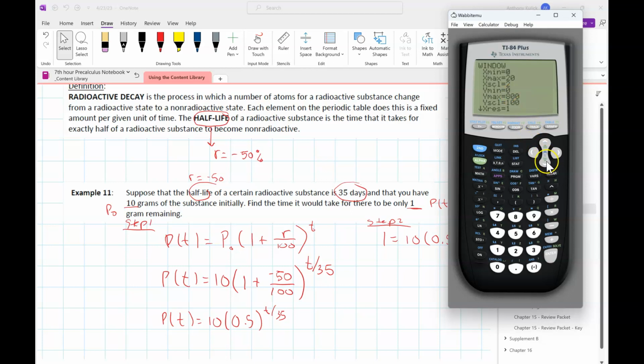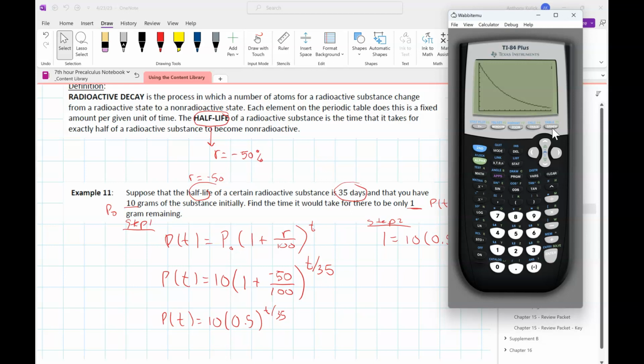So X max will be 140 because I know before 140 that'll happen. The Y minimum, this is decay, so it's decreasing. The least amount of mass you can ever have is 0. The Y maximum is just the starting amount because that'll always be the biggest you could ever have. That'll do enough for me to get a good window.